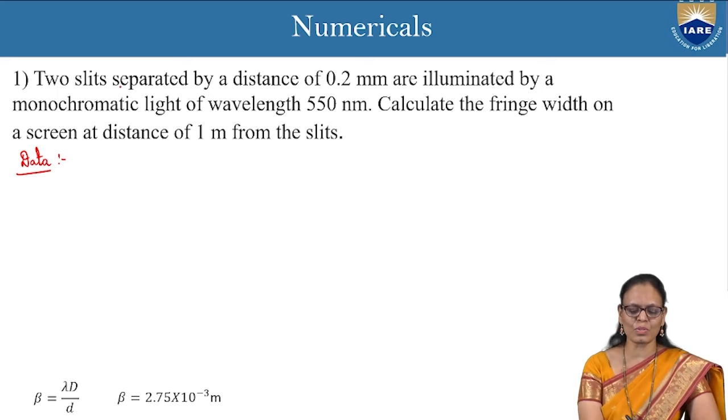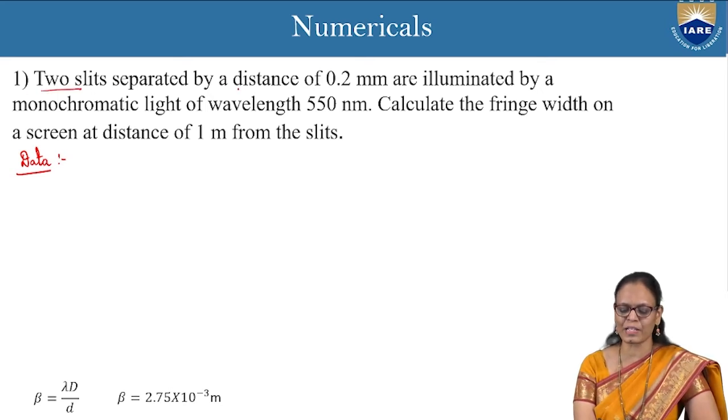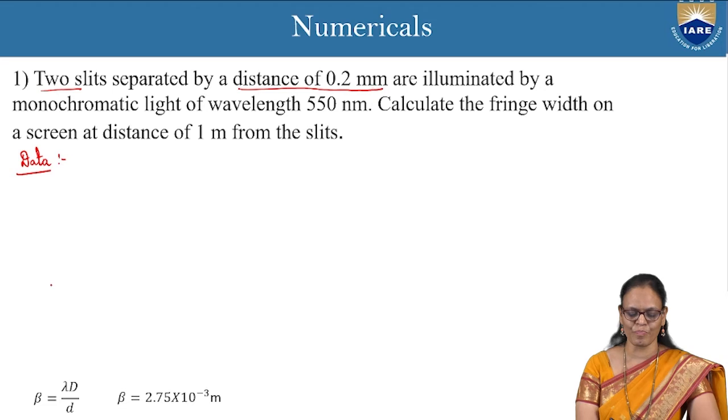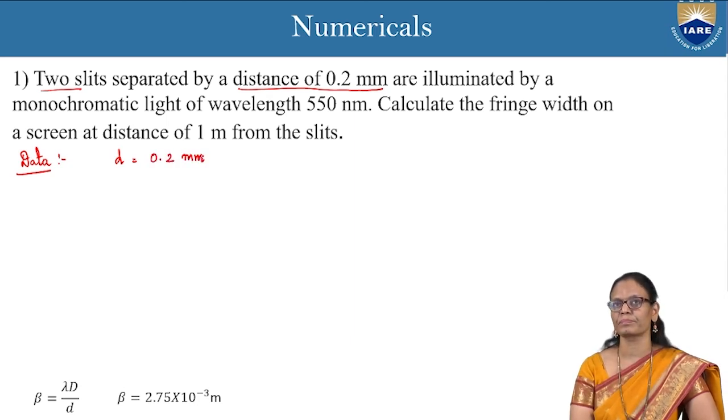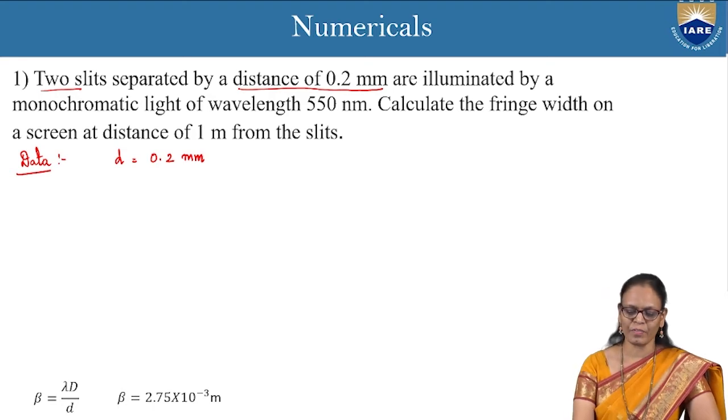First given is two slits are separated by a distance of 0.2 mm. So the separation between the slits is given by small d is equal to 0.2 millimeter. And we are taking a monochromatic light of wavelength lambda is equal to 550 nanometer.